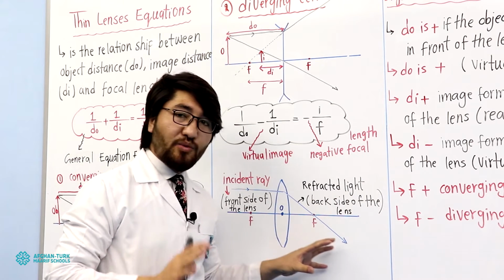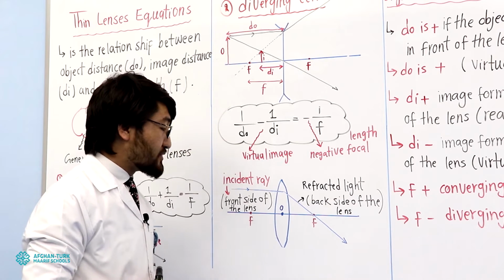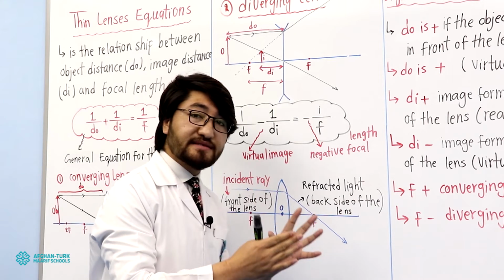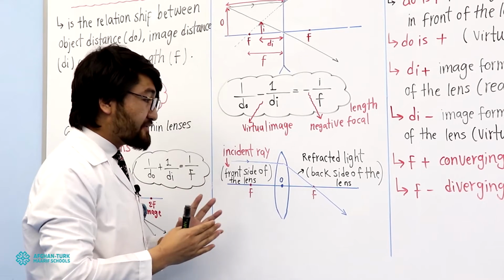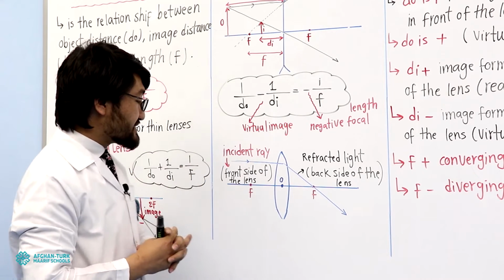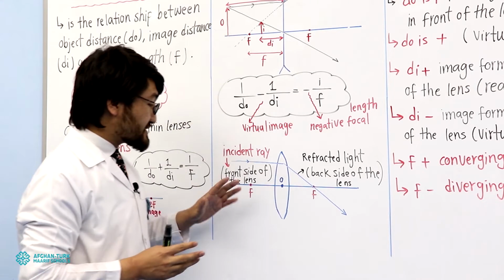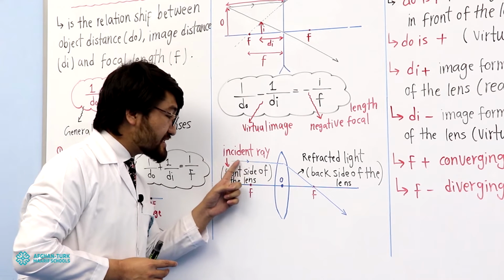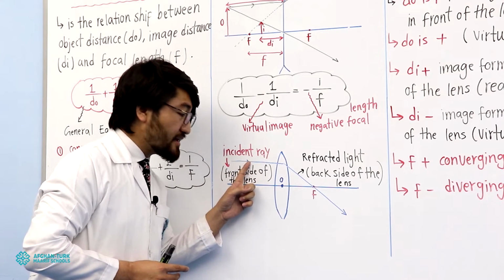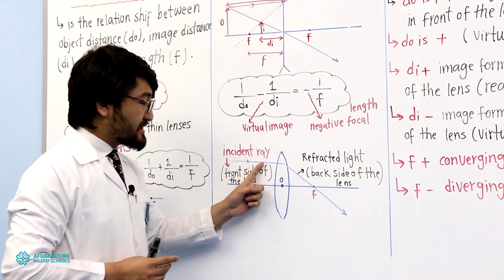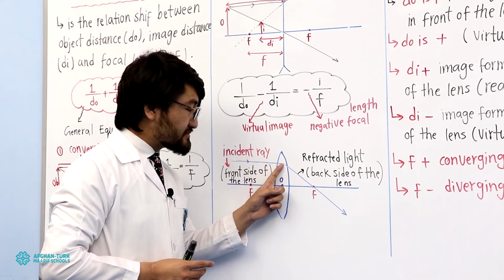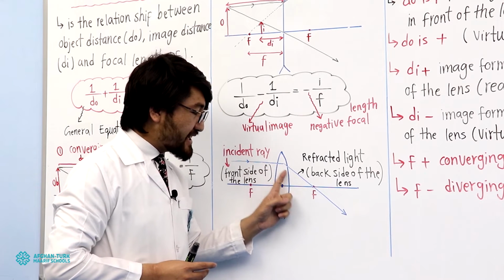Now I will tell you one point. This point is very important. How to know which side of the lens is the back side of the lens, or which side of the lens is the front side of the lens. The incident ray comes and passes through a lens.